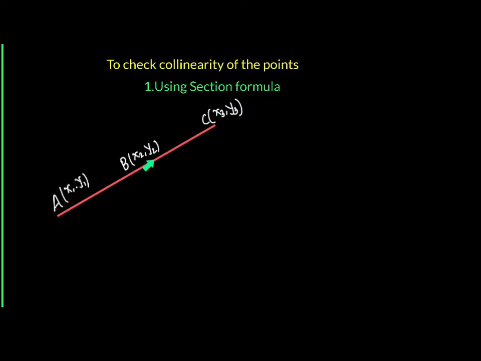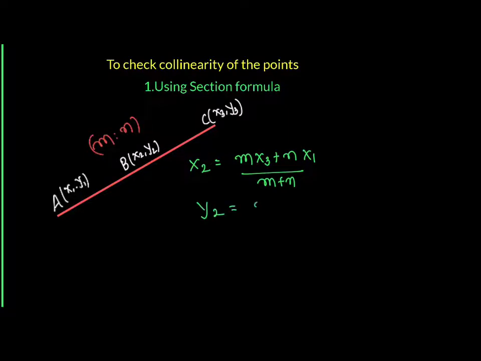Using the section formula, if the point B divides the join of A and C in the ratio m:n internally, then the x coordinate x2 equals (m x3 + n x1) divided by (m + n), and the y coordinate y2 equals (m y3 + n y1) divided by (m + n).